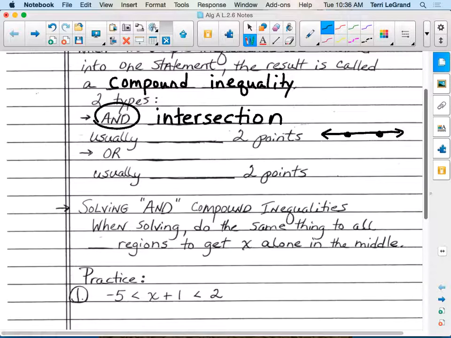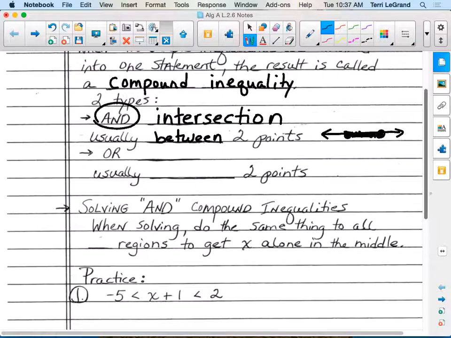When it's a compound and inequality, typically it is shaded in between the two endpoints. So maybe make those circles bigger so we can see. When we graph our solution, usually it's between two endpoints.